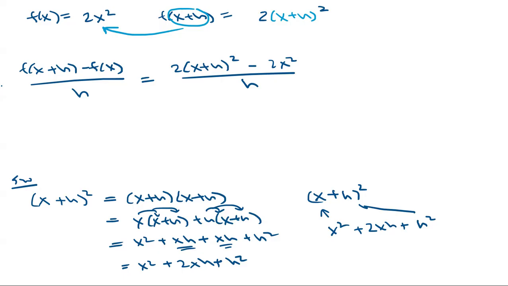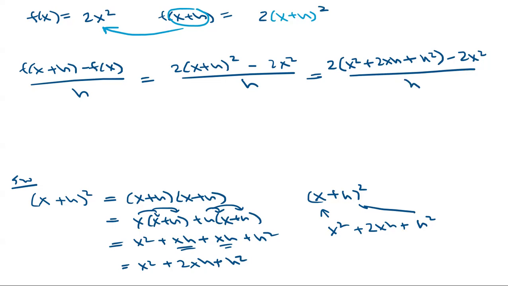All right, and then once you have that, then we can just plug it in here. So this first part, we have 2 times x squared plus 2xh plus h squared minus 2x squared divided by h.